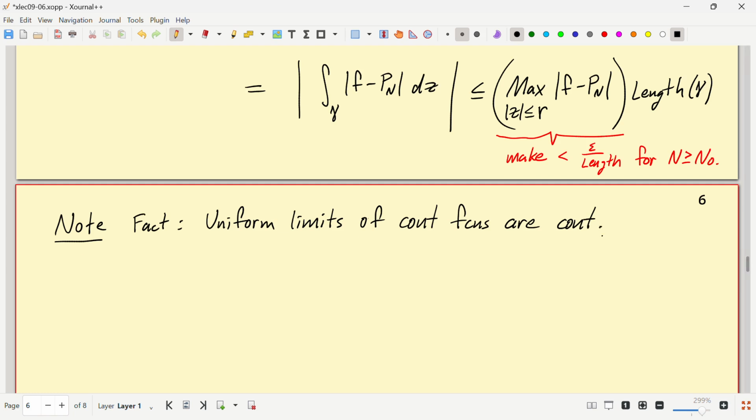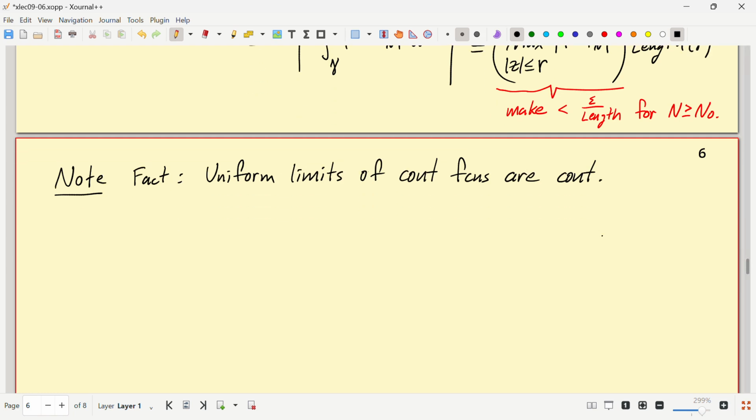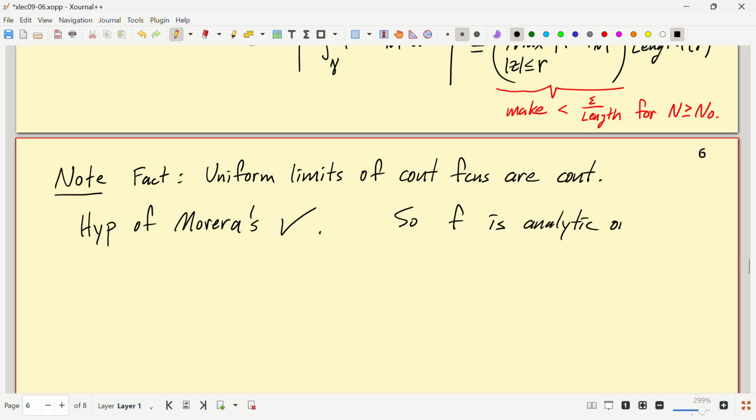So we have the hypothesis of Morera's. Check. So f is analytic inside the whole disk of radius of convergence, capital R.